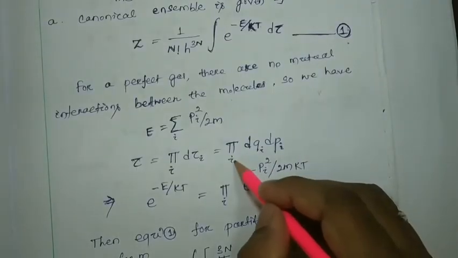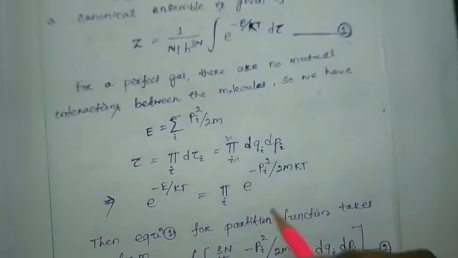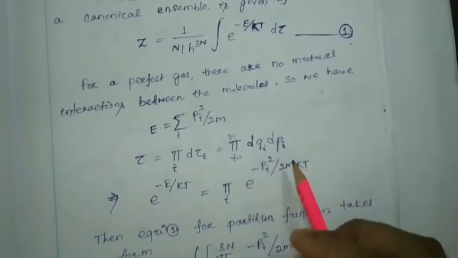So you can write here product from 1 to 3n of dqi dpi.